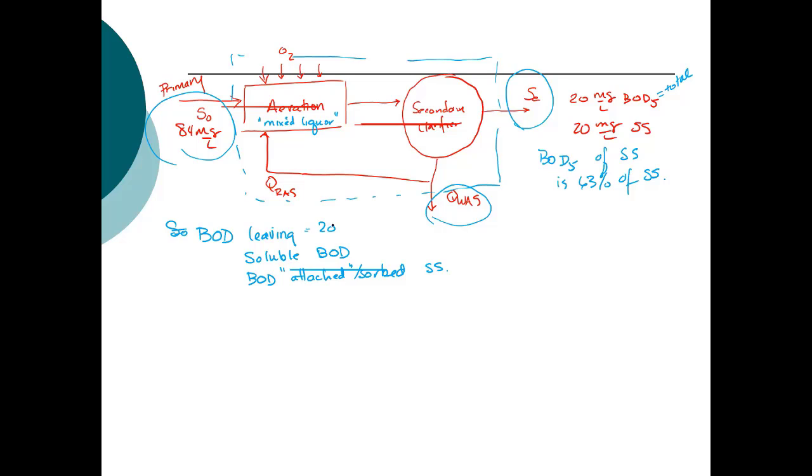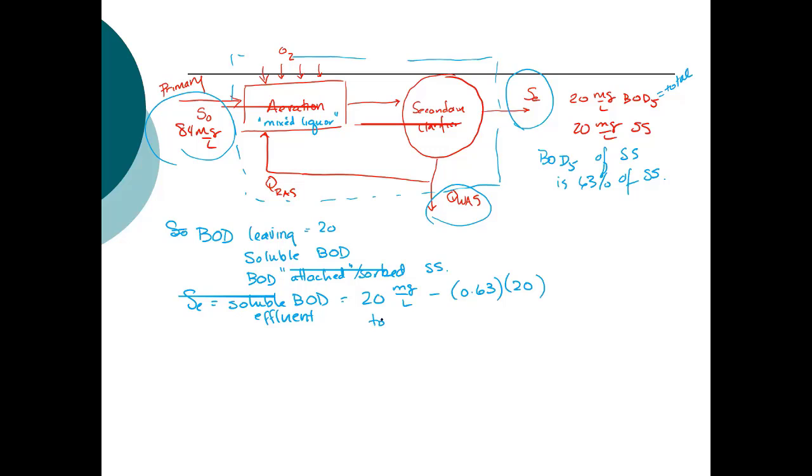To calculate our soluble BOD in the effluent, this is equal to the 20 milligrams per liter minus the 0.63 times 20.